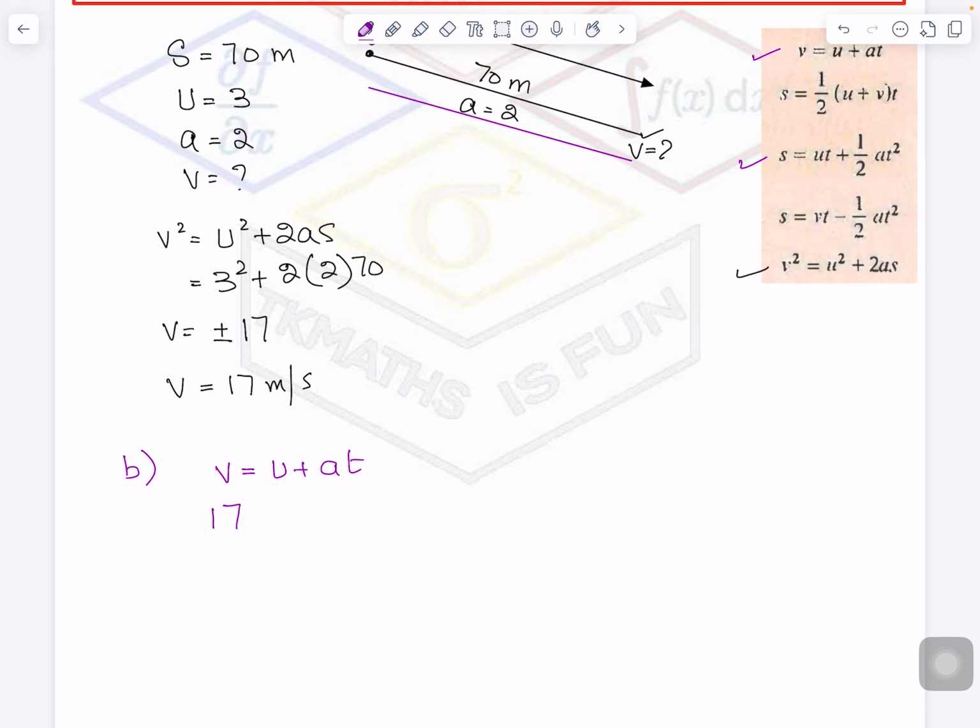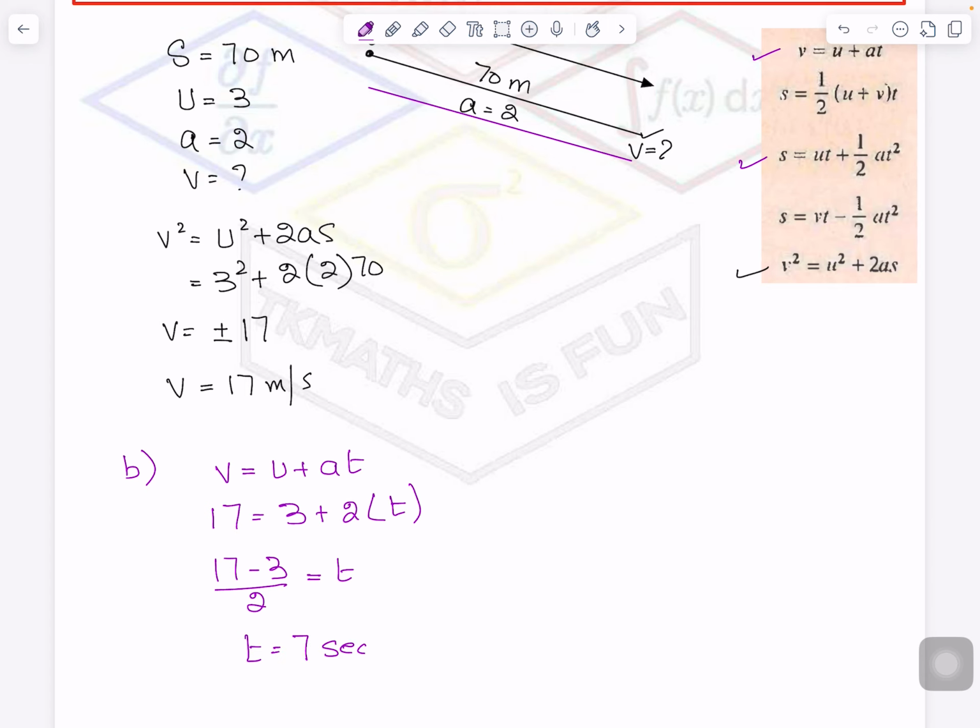So v is 17, u was 3 given, v you have just calculated, right? And a is 2, and t you have to calculate. So now if you calculate it, what will it be? Let's do it. 17 minus 3 divided by 2. So it will be t is equal to 7 seconds, right?